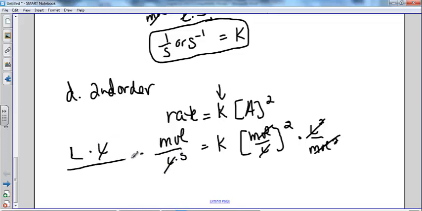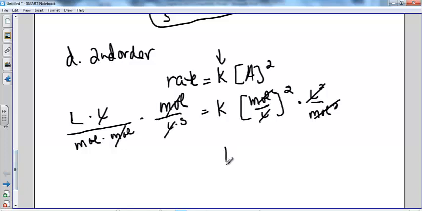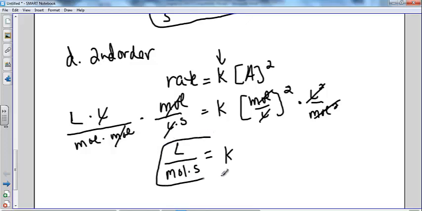So one of the liters gets canceled out, but one is still left. And if I have moles squared, one of the moles cancels out. So my unit for k for second order reactions becomes liters over moles times seconds. For second order, that's what it comes out to.